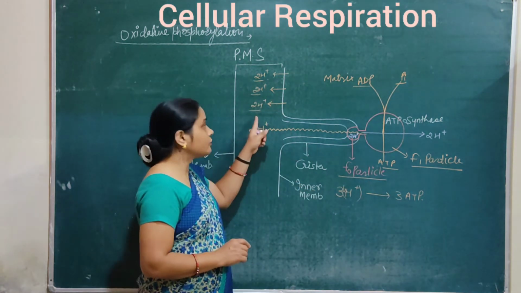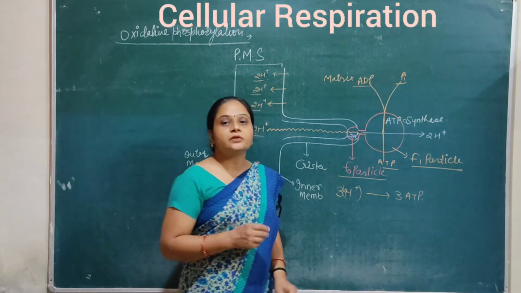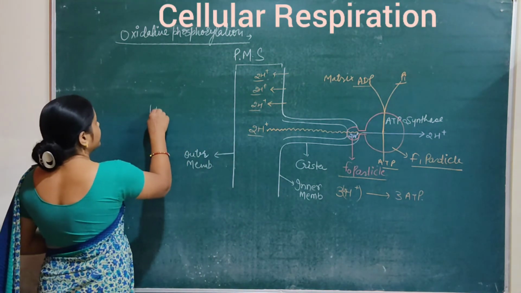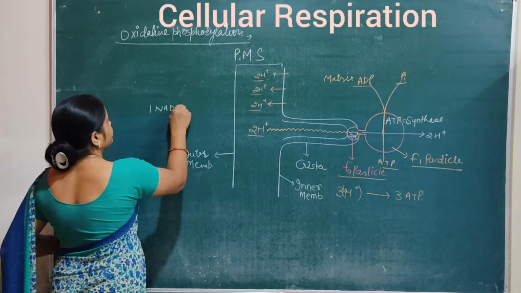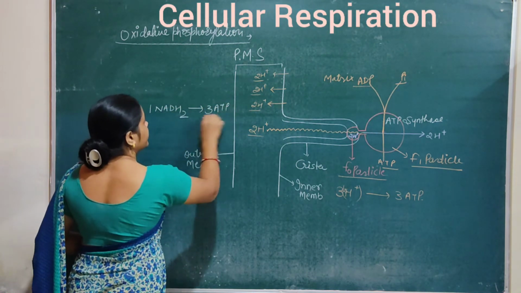So 3 pairs of protons are responsible for the formation of 3 ATP molecules. So we can say that 1 NADH2 is able to produce 3 ATP.